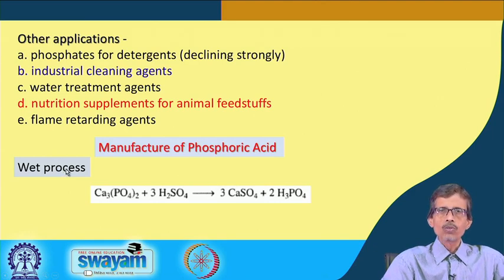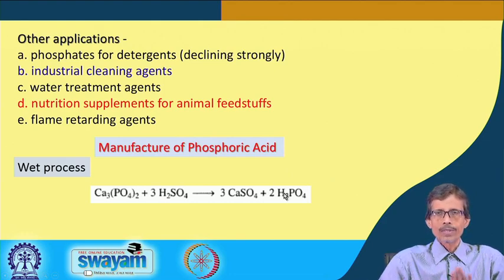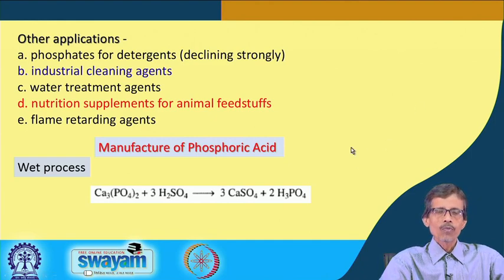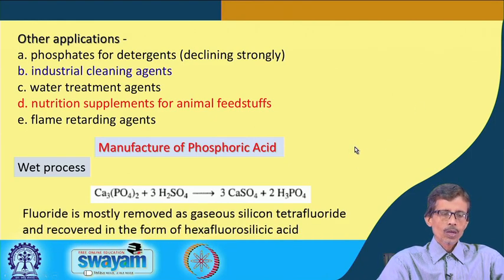The industry can use that process, but we have to separate these two things: once they are produced, the calcium sulfate and the phosphoric acid have to be separated. The calcium sulfate gets precipitated, so in the upper layer we will have the phosphoric acid. That phosphoric acid should be drained out, collected, purified, and utilized further for other uses.